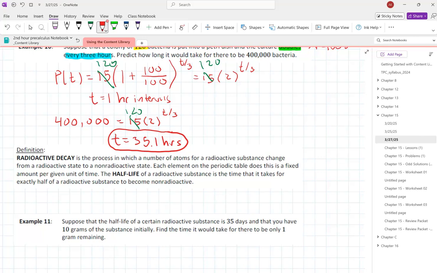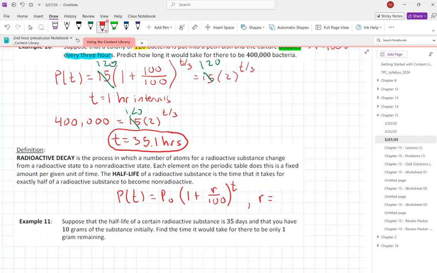So this can still be done using this model, where the R every single time is, what is the R every single time going to be in a half-life situation? Half-life. What is the R going to be?